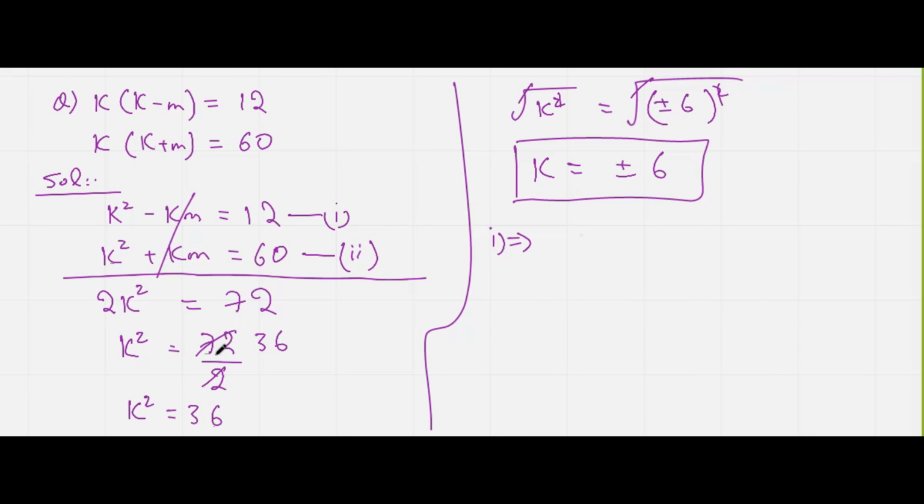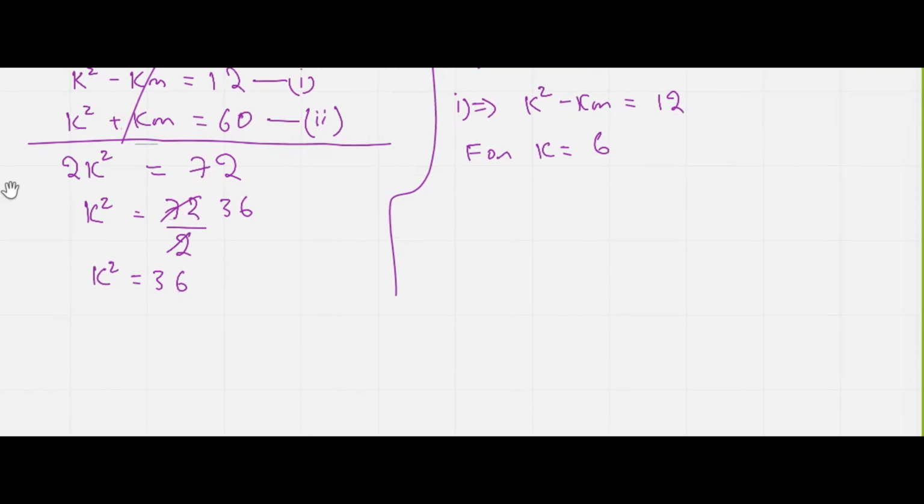Okay, so I just got here equation number 1, which is this. So for k equals to 6, what is going to be the m value? Tell me. What's going to be my m here? Solve it for me. Tell me the answer.